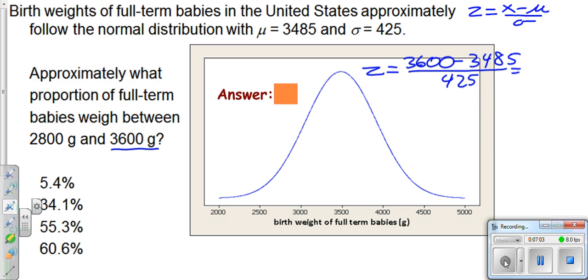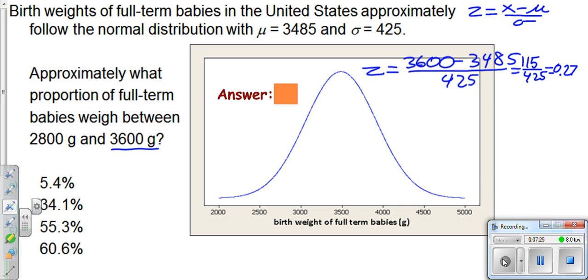And I'm going to work that out. So I get 115 over 425, and divide that, and I get 0.27. And whenever you're looking at your z-score, you always want to go to the nearest 2 decimal points.